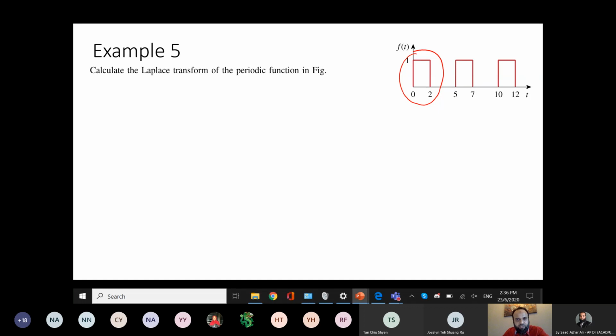So what is the period of this function? Can anyone tell me? First of all, is it periodic? How do we know that it is periodic? It is repeated after a particular interval of time. Can someone tell me what is the period of this function? Is it 2 or 5?